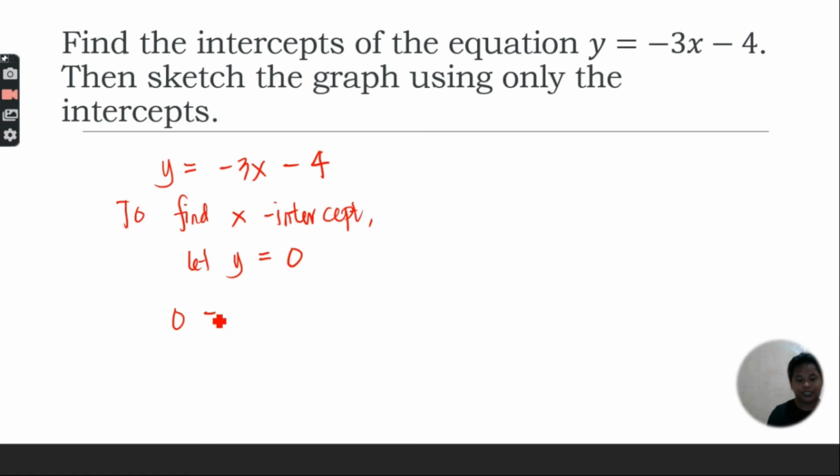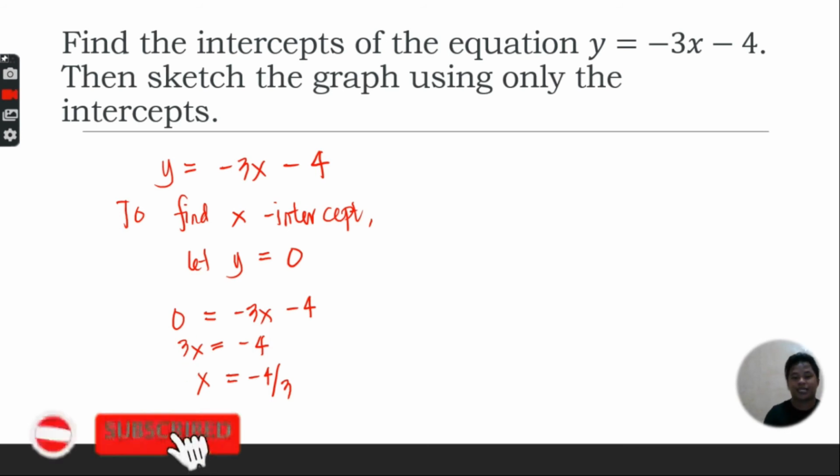So 0 is equal to negative 3x minus 4. So 3x is equal to negative 4. x is equal to negative 4/3, since we are going to divide both sides by 3.